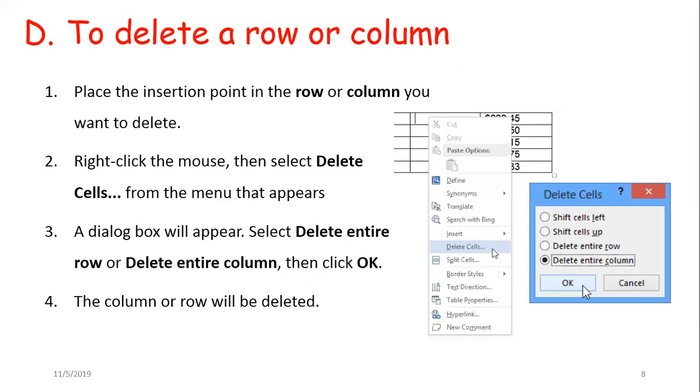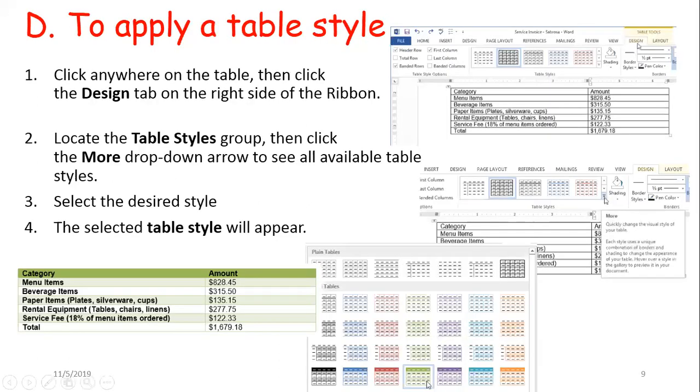Okay, so then to apply a style to a table, if you remember, I mentioned something about the ribbon, which I said that in the ribbon we have tabs, and one of the tabs is called a contextual tab. Why is it contextual?